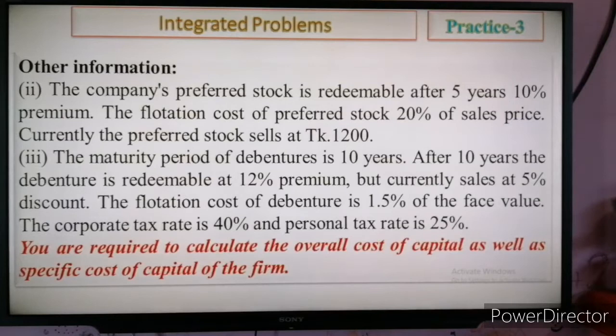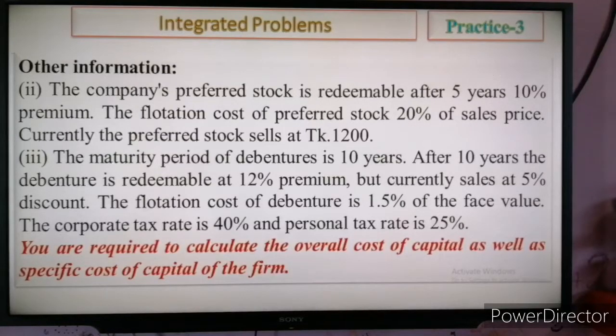Number 3, the maturity period of debenture is 10 years. As you know, the method of determination of redeemable preferred stock or redeemable debenture is the same. The difference is DP and I(1 minus T). All are the same, the method and the procedure are the same. Let's see the question.